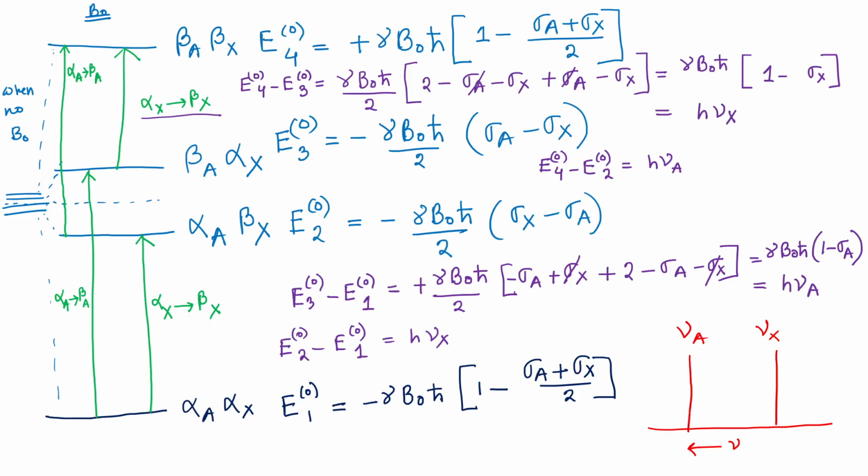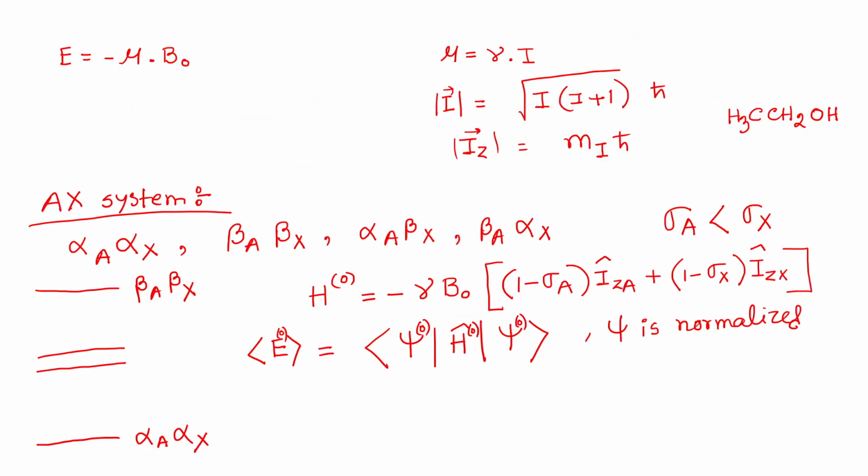Chemical shift is, if we can write maybe here, can you tell me what is the chemical shift? 1 minus, so B, those things are going to cancel. Gamma is going to cancel.